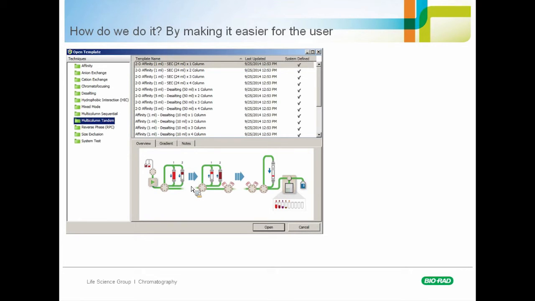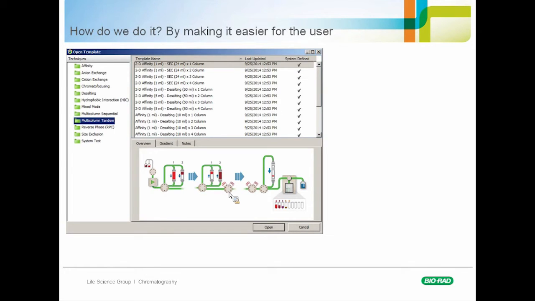And again, that's what's being represented here, where we can elute from the affinity columns in the reverse direction into the static loop. And then the next step on the right-hand side is we can load the sample directly from the loop over, in this case, a size exclusion column, and then from there into the detector and the fraction collector.